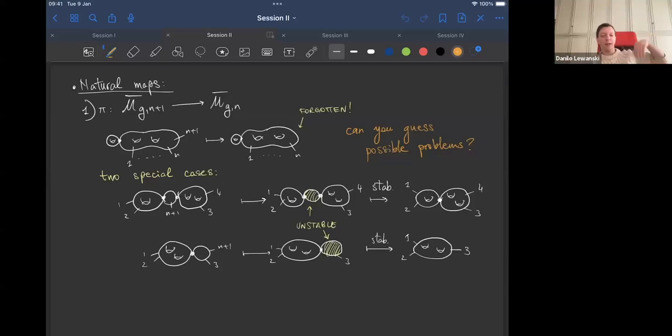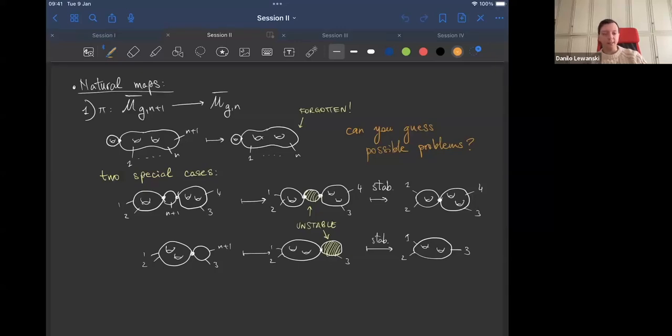So you want to define how the map should behave whenever you do end up with some unstable component. If you think about it a bit, this can only occur in two possible ways. The first way is when you have two stable components, let's say, and you have this component in the middle that has two nodes, so it's a separating component. If you remove it, then you would separate the graph. And you have the n plus first marked point exactly there. So this component only has two nodes and the last marked point. Now if you forget it, that's unstable.